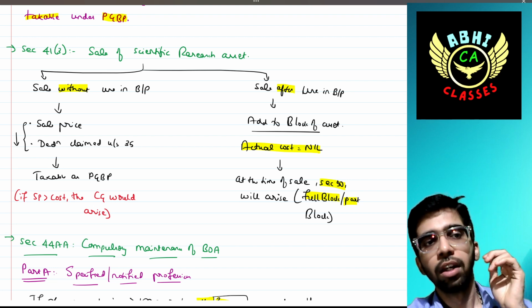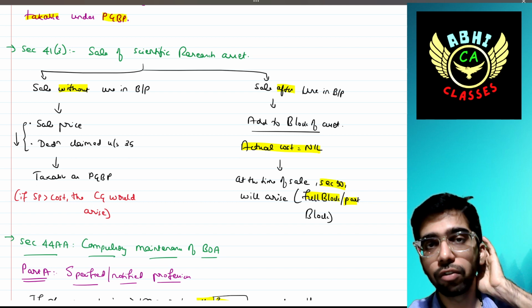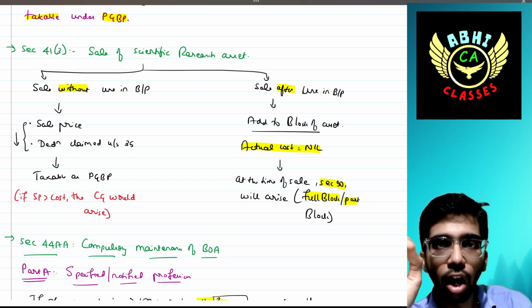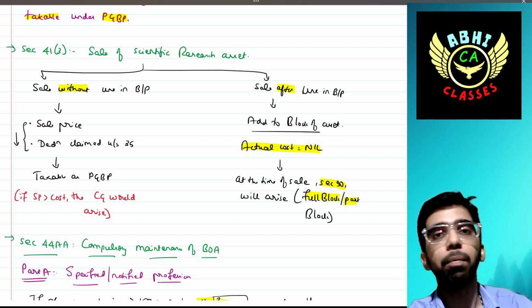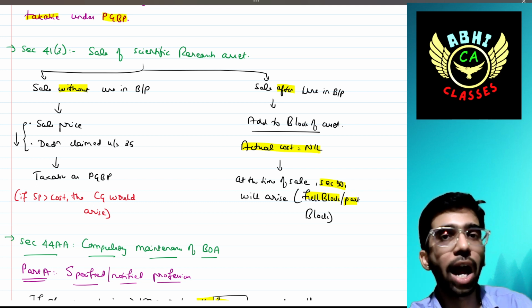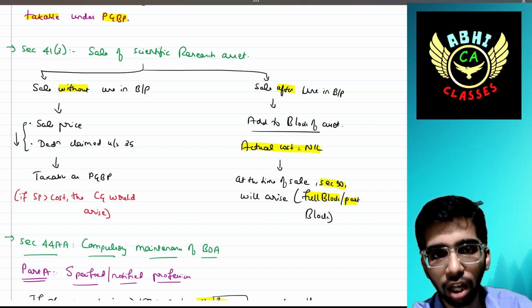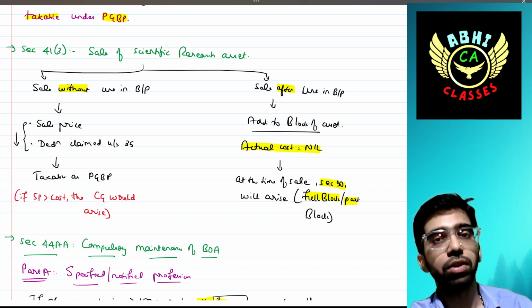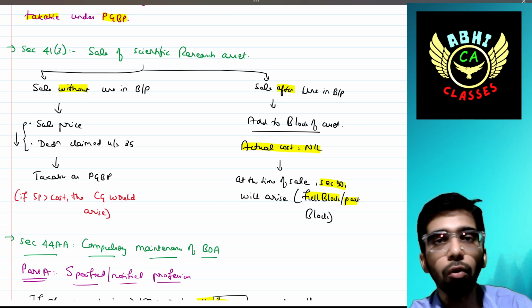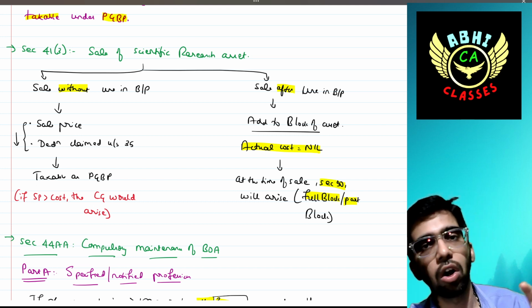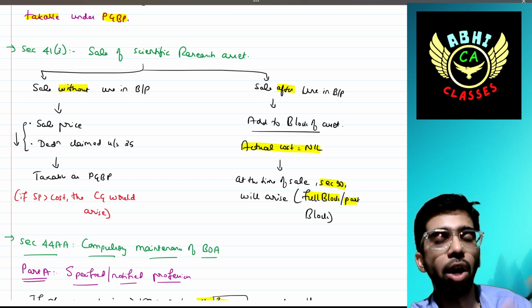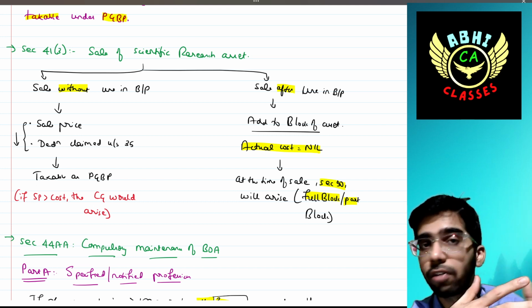Okay. Super. Then if the sale of the asset is after utilization in your business or profession, then we have to add it back to the block of asset. The actual cost should be nil, but at the time of sale, we have to see whether any block would still be there, full block or part. We have discussed it in part 2 or part 3, if I am not wrong.